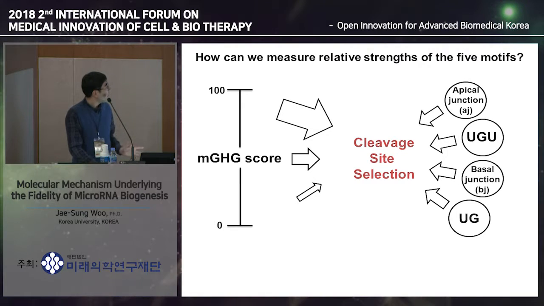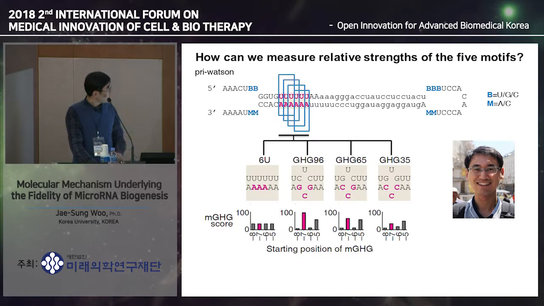So how can we measure the relative strength in this complicated mechanism? Sung-Chul, who led this project, one day came to me with a big smile and showed this substrate design. And this was a quite brilliant design.